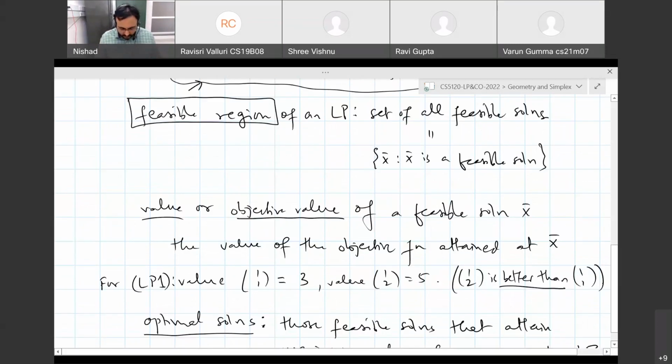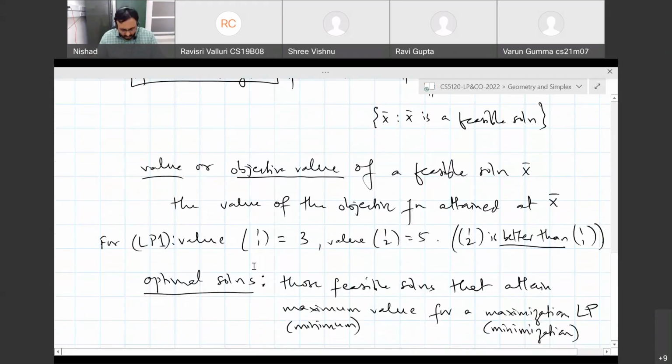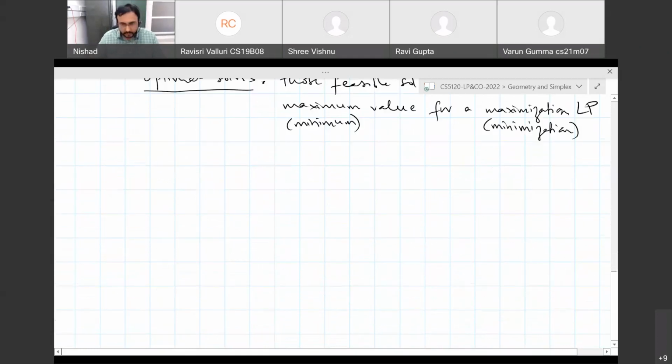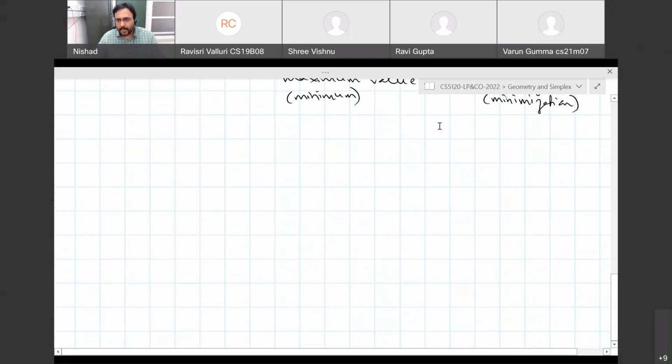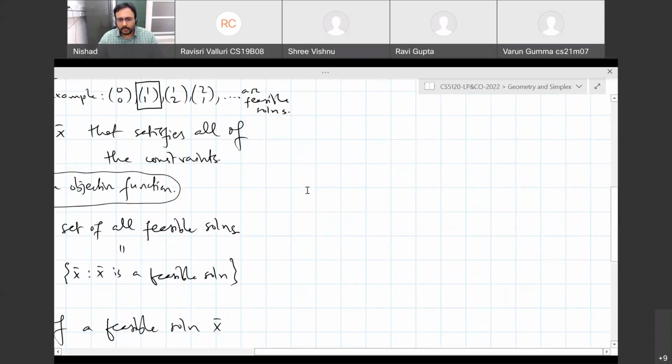So let's focus on the feasible region now. I want to just copy paste these constraints and focus on them and not worry about the objective function.